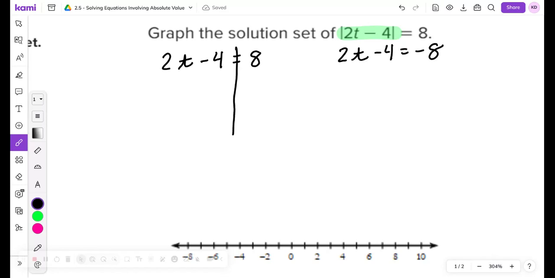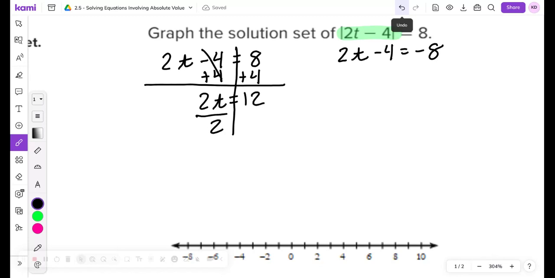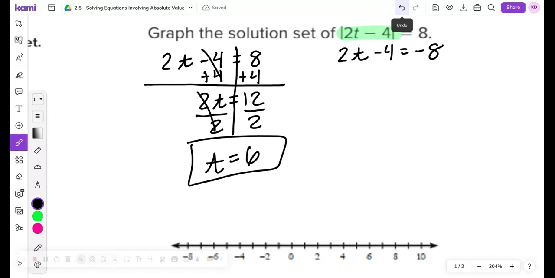So again, I'm going to solve. Add 4 to both sides. 2t equals 12. Divide by 2. t equals 6. That's one solution. Add 4 to both sides. 2t equals -4.